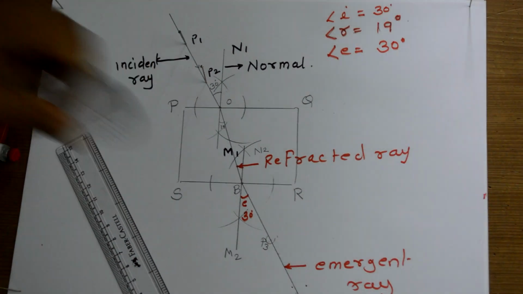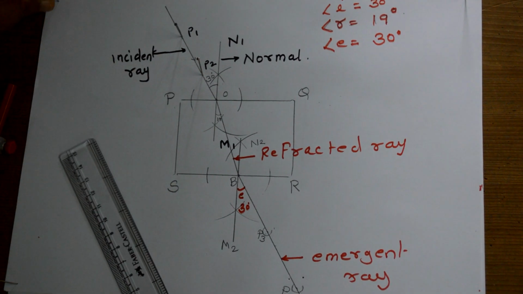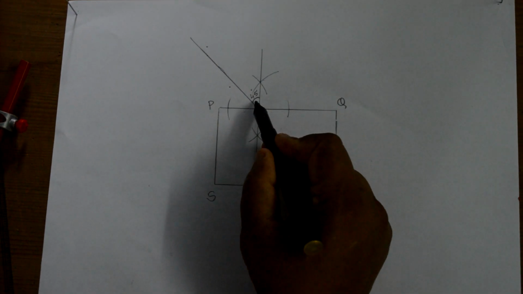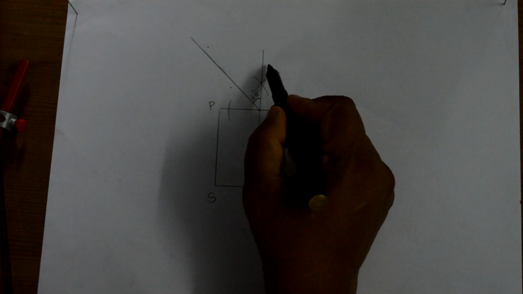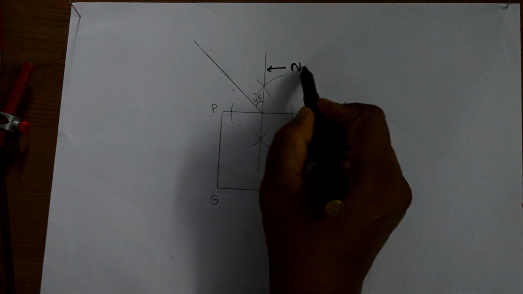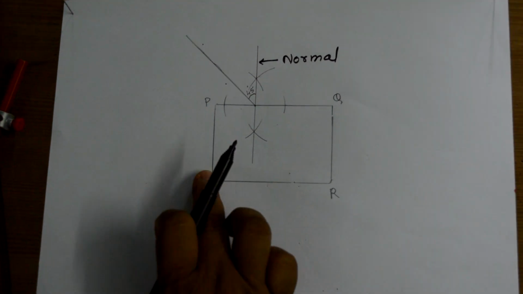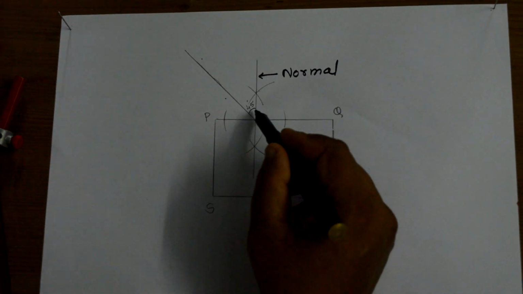Now we will go for 45 degree. For angle of incidence 45 degree, this is normal. I have already drawn and kept so that you know the method to draw the outline, draw the normal and take 45 degree.